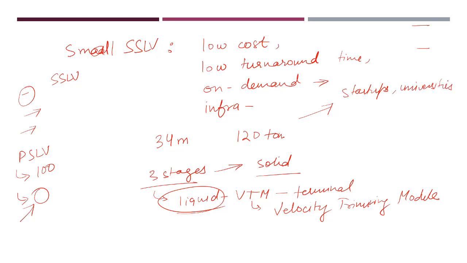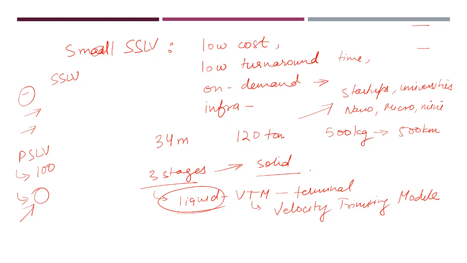In fact, it will be generally used to launch nano satellites, micro satellites or mini satellites which are very small in size. So basically, if we talk about its capability, it can launch a single satellite of 500 kg up to a planar orbit of 500 kilometers altitude.